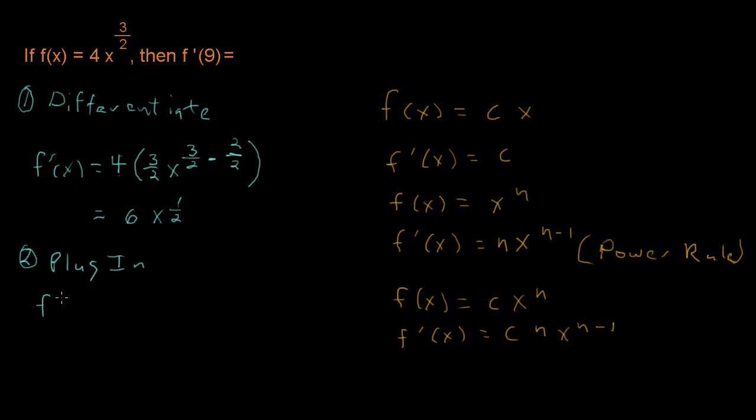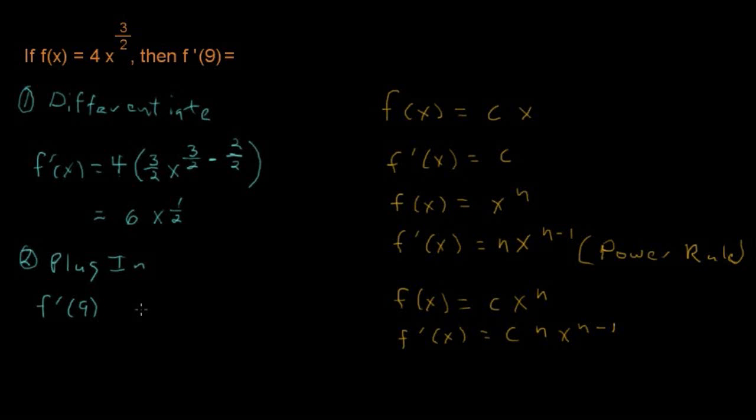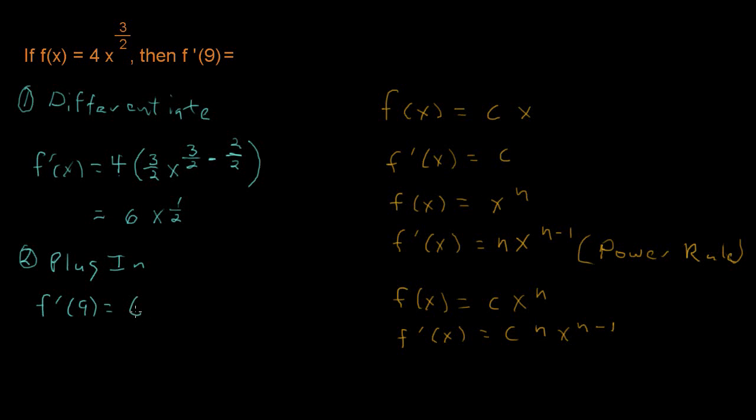We want to plug in 9 in place of x, so we'll write f prime of 9 equals 6, and then times what? Well, we're replacing x with 9, so we put a 9 in its place and raise that to the 1/2 power.